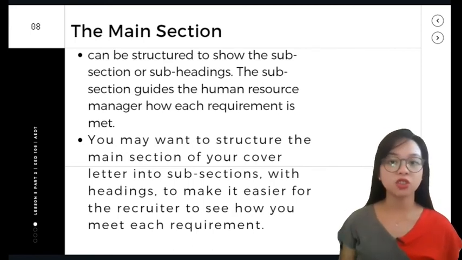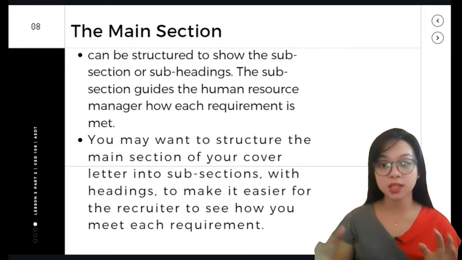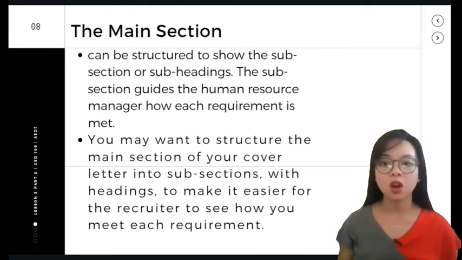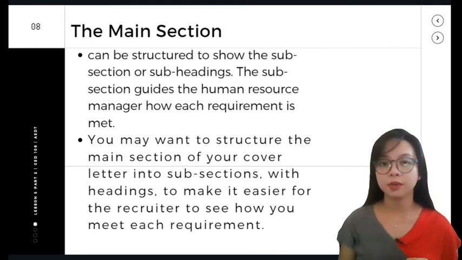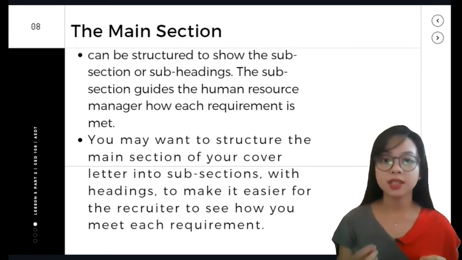So the subsection or the other paragraphs consisting the main section guides the human resource manager on how each requirement is met. For example, the first paragraph of the main structure contains the experiences that you have. The second will be the skills that you have and the skills that you acquired for the job before.